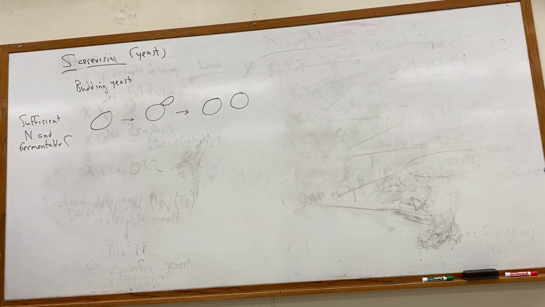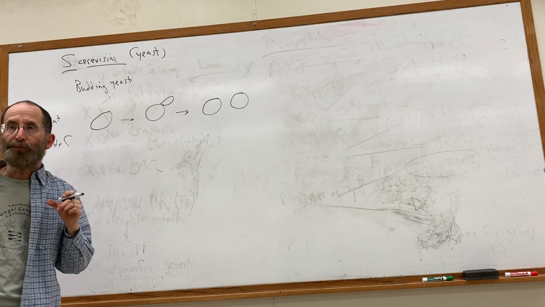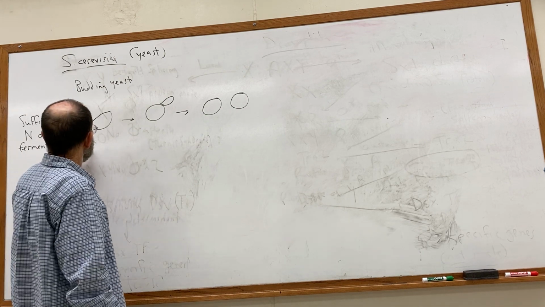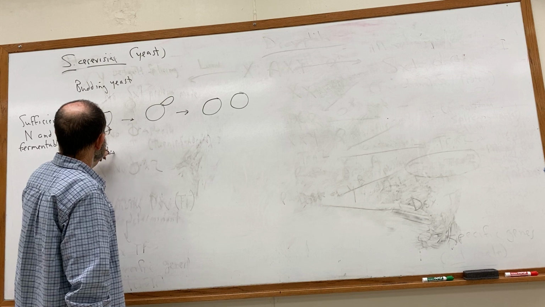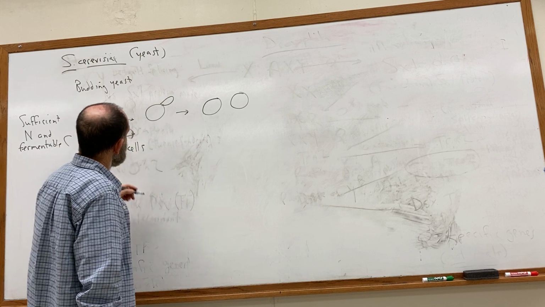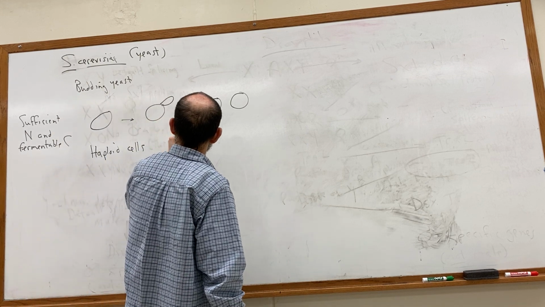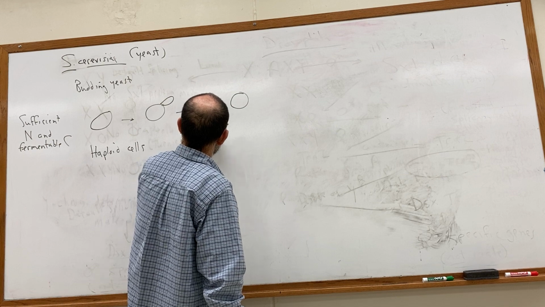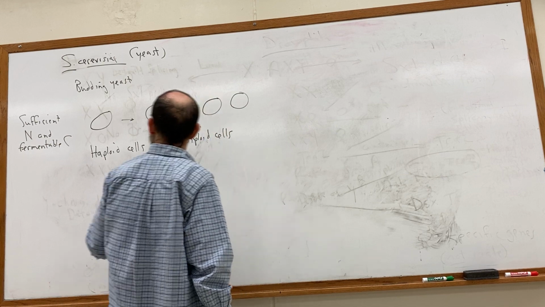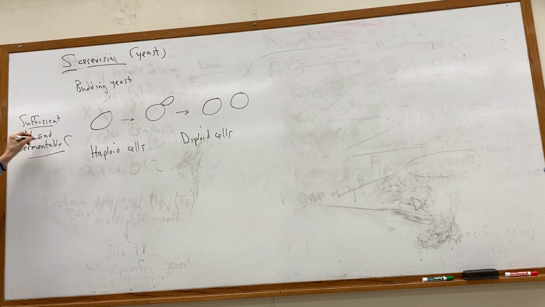Now, what's interesting about yeast is that they have both haploid cells and diploid cells. And under these kinds of conditions, either type of cell can reproduce by budding. Okay?